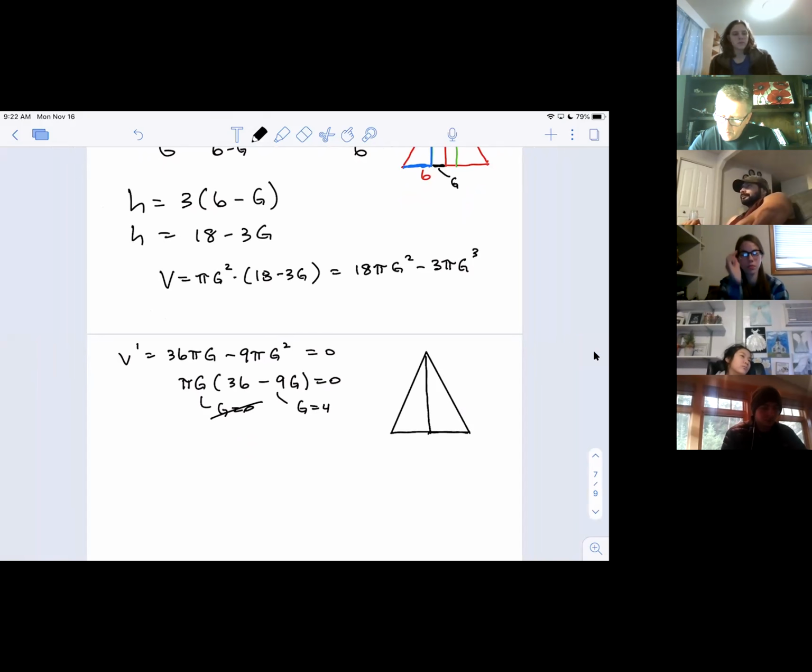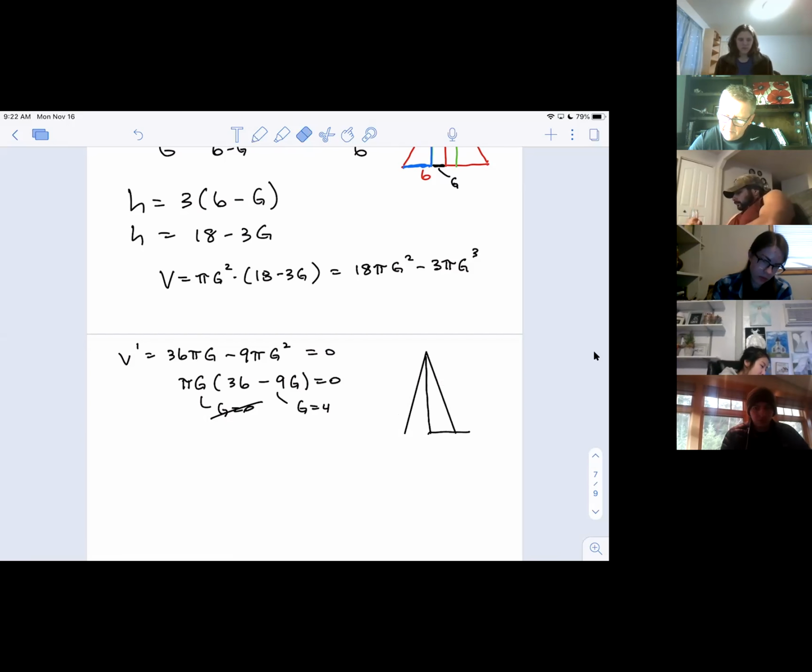So really it should be more like this. Again, all I'm doing here is checking my work and thinking, does this make any sense? So since the entire distance is 6, then 4 would be about there.